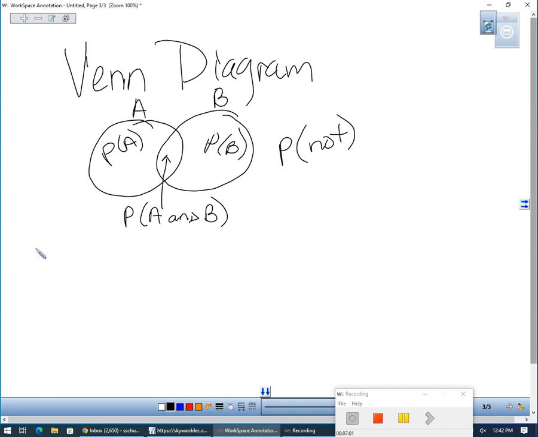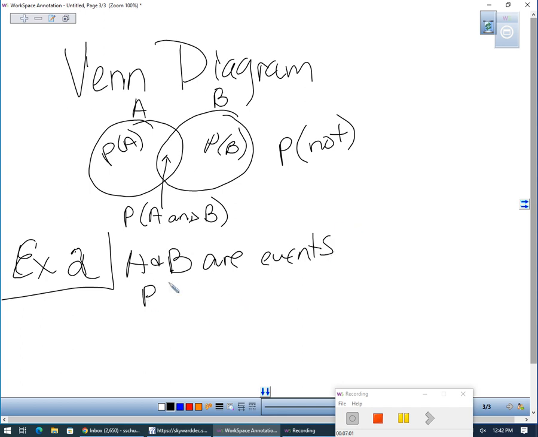So we're going to go with example number 2. On example number 2, how about if I tell you, and we're not going to put it into a real life situation yet, let's just kind of start at the beginning. Let's say A and B are events.